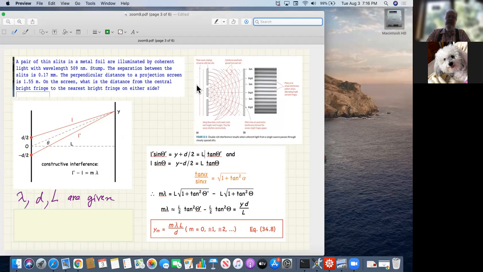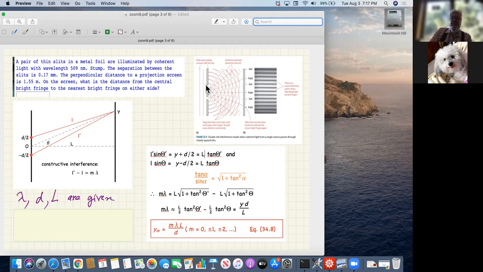But when light goes through an opening in an opaque screen, it doesn't just travel in a straight line. It spreads out in all directions on the other side of the opaque screen. And that's called diffraction.